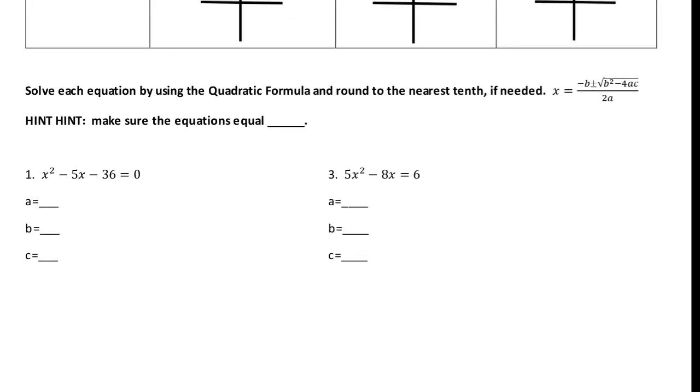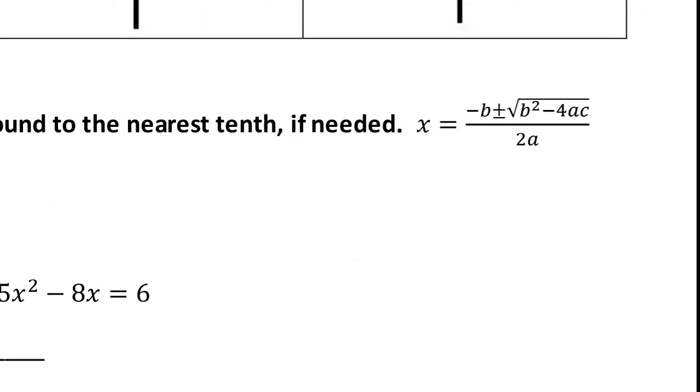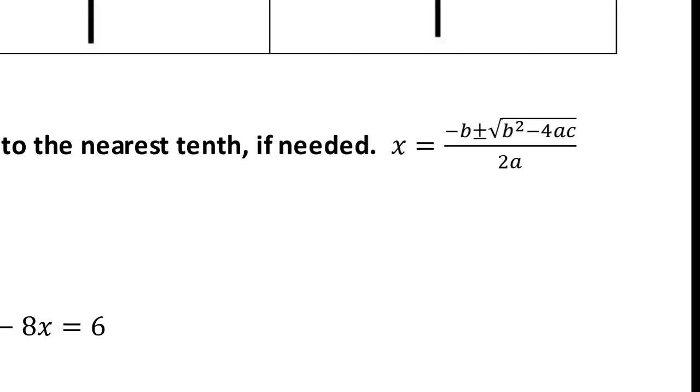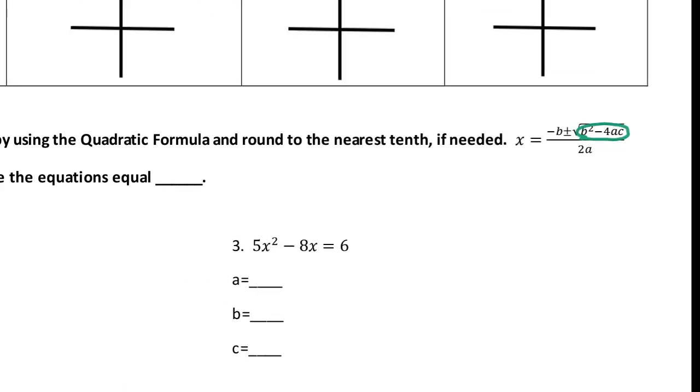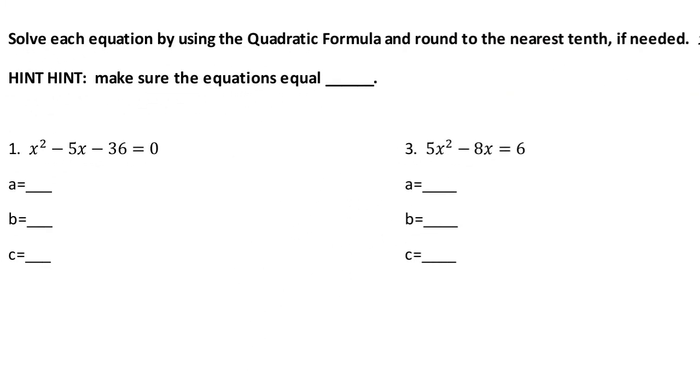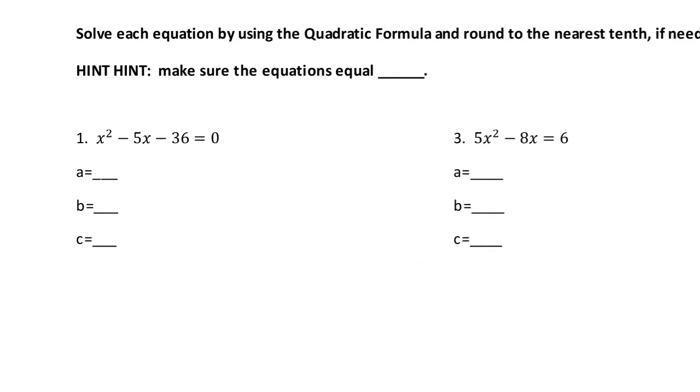Okay? Now, it looks nice, big, and nasty, but we already know kind of how to find the discriminant, and you're just plugging numbers in. It's not that bad. Okay? So, first of all, hints. It says make sure the equation is equal to 0.